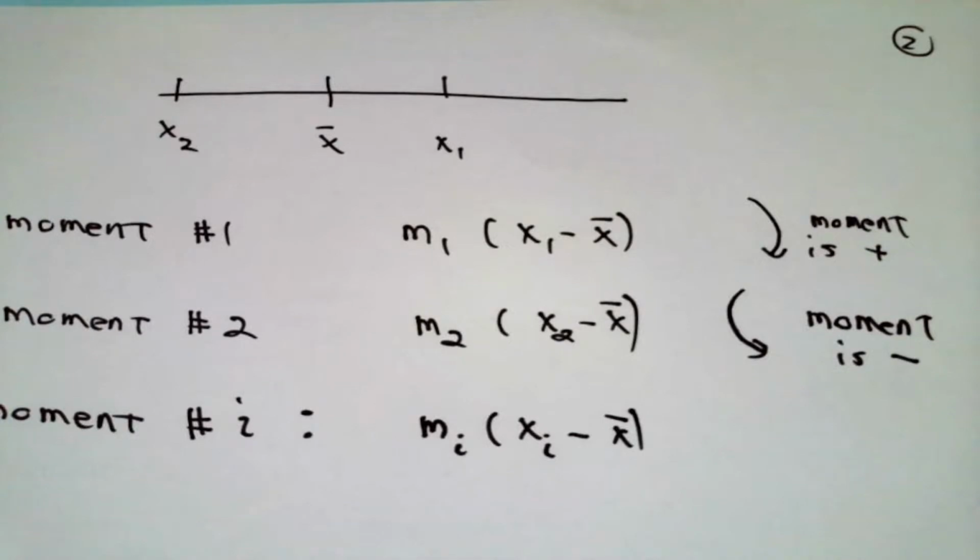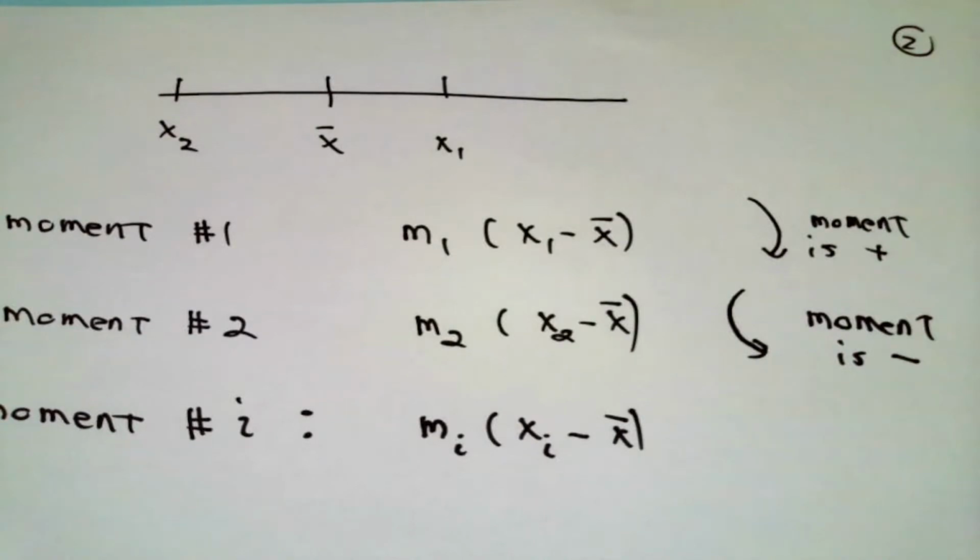In general, if I look at an index 1 to n, where n is the number of objects that I have, the moment of object number i will be mass or weight number i times xi minus x bar. This number will either be positive or negative. It will either contribute to turning in the counterclockwise direction or in the clockwise direction, depending on the sign.